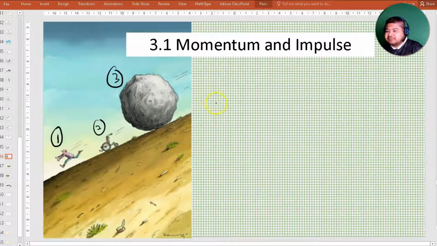The way we quantify that amount is by the quantity of momentum. If you compare the person running down the hills and the boulder, you will see that it is more difficult to stop the boulder from rolling down the hill.